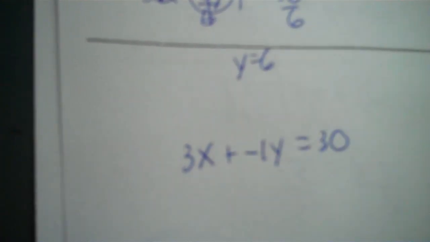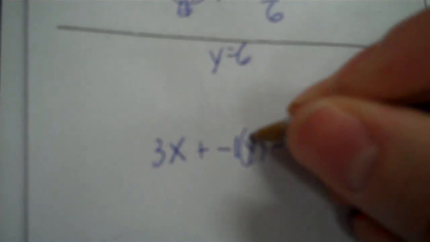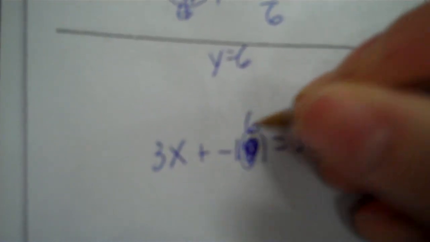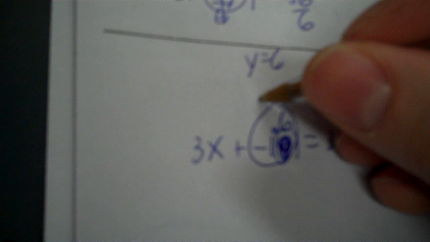Now you write your first equation, 3x. I would make that minus 1y a plus negative 1y equals 30. So then when I go to put that 6 in for the y, I know I'm taking negative 1 times 6. So negative 1 times 6 is negative 6.